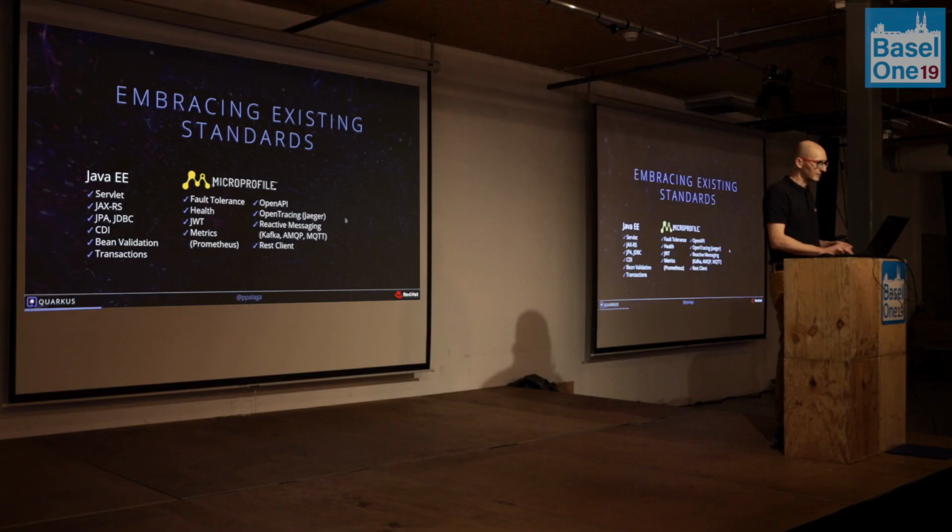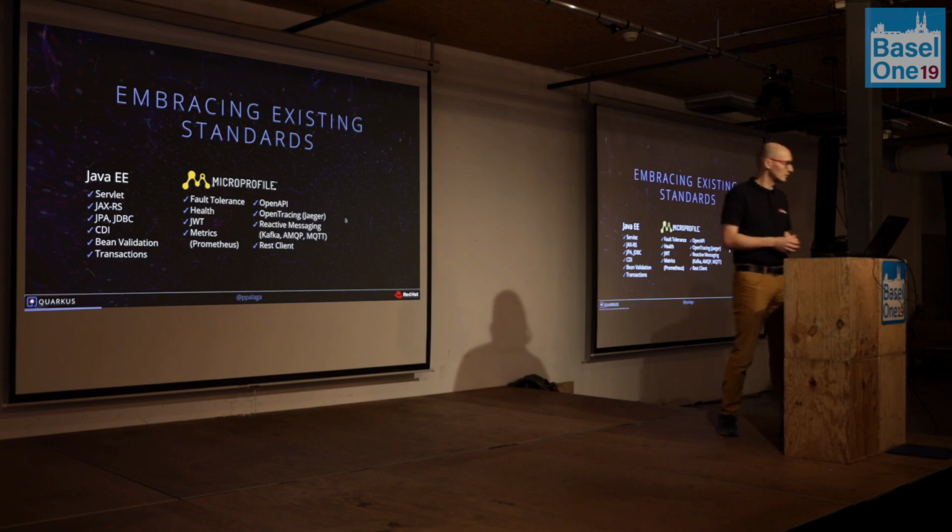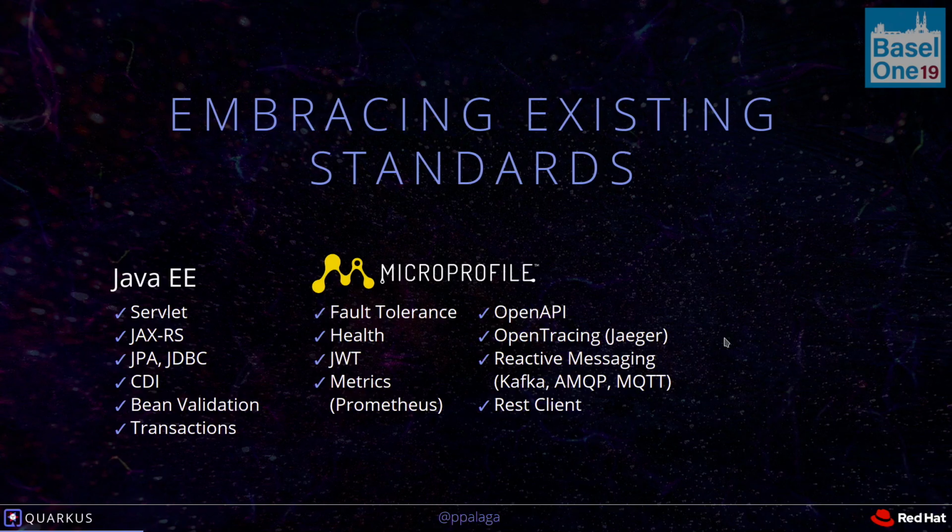Good. So when I said that it's a toolkit in the first place, you may ask, how the hell am I supposed to write my application? And the answer is that Quarkus is embracing existing standards, like the good old ones from Java EE, like servlet, JAX-RS for REST, JPA, JDBC for persistence, CDI, transactions, and so on.